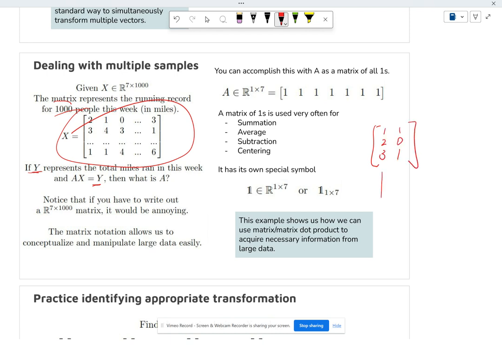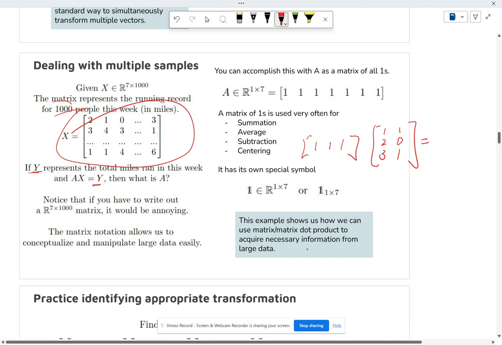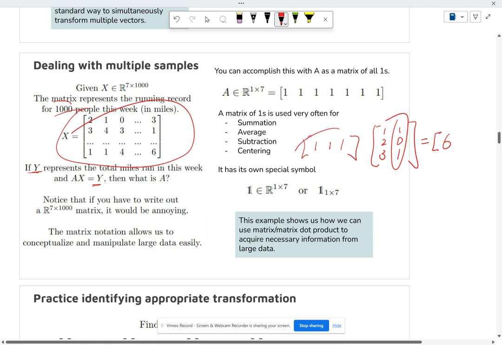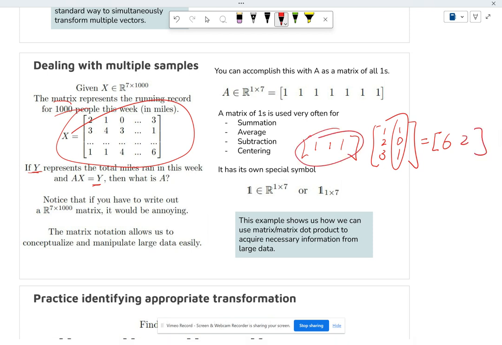Okay, so we have two people. And if you do this 1, 2, 3, notice when you do this and this, it's going to sum them up. So the result would be 6. And then you repeat this and this, you're going to sum them up, and the result is 2. Okay, so this right here is a summation.